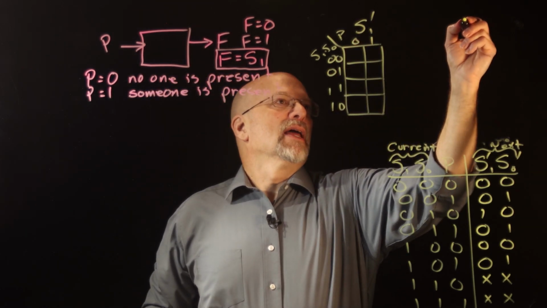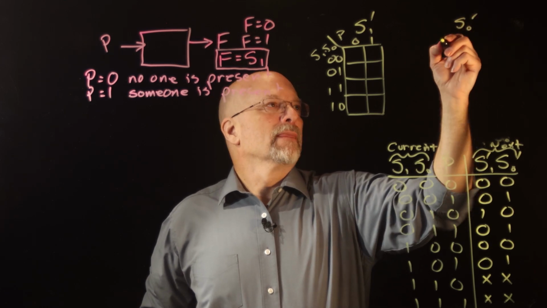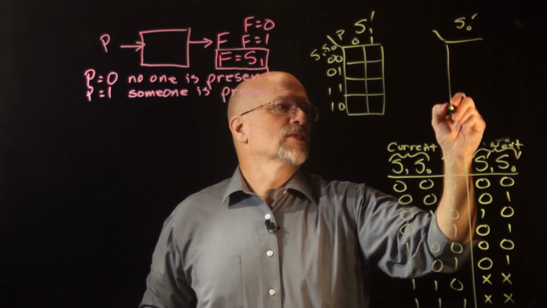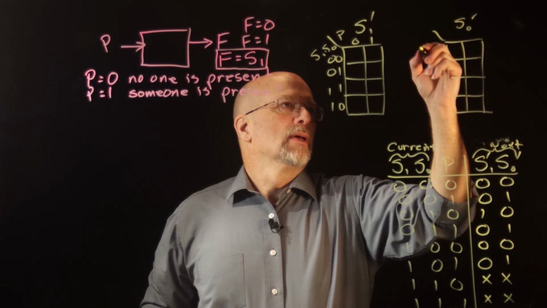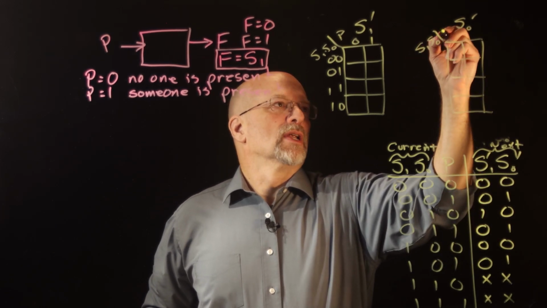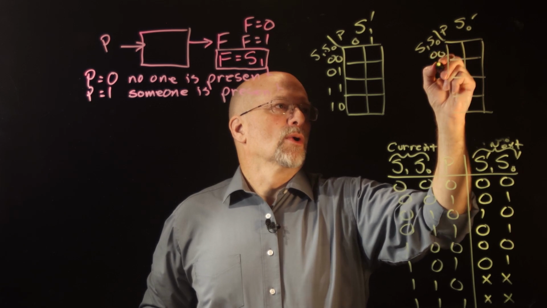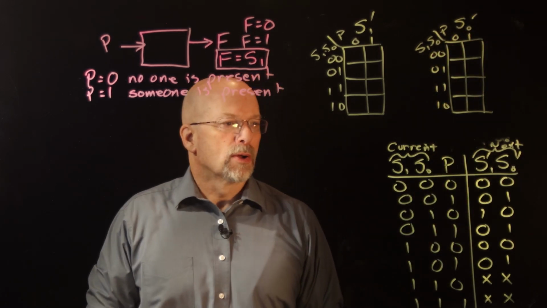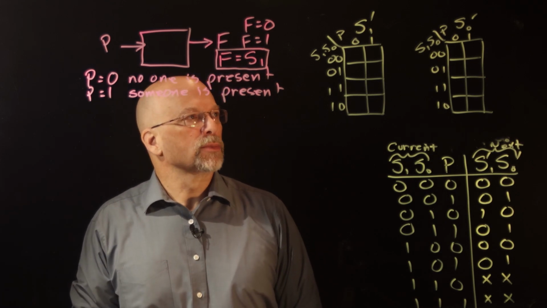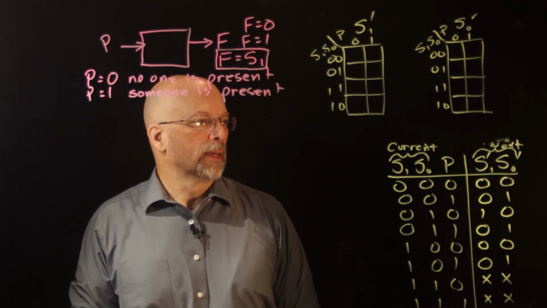And then I've got S0 prime. We'll make the Karnaugh map for this one. And that also has as its inputs S1, S0, and P. We'll do our gray code to number the rows, and the columns are numbered for the two values for P.